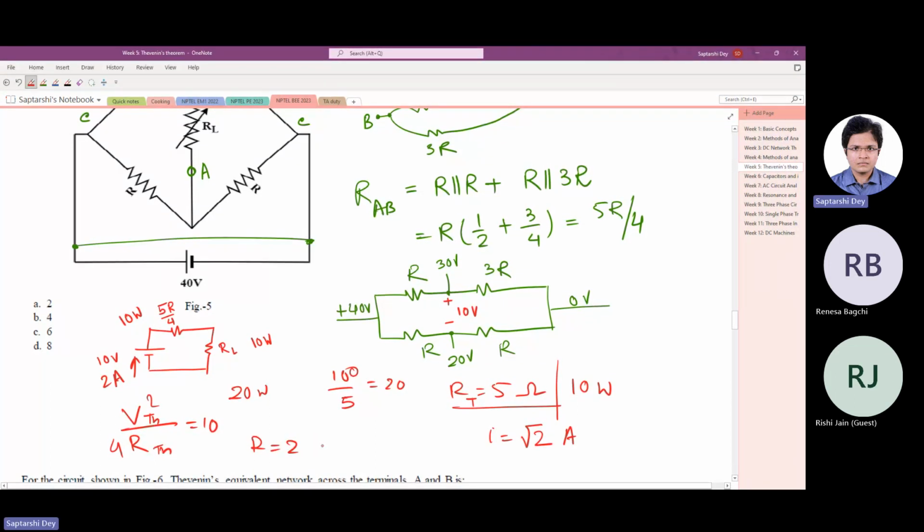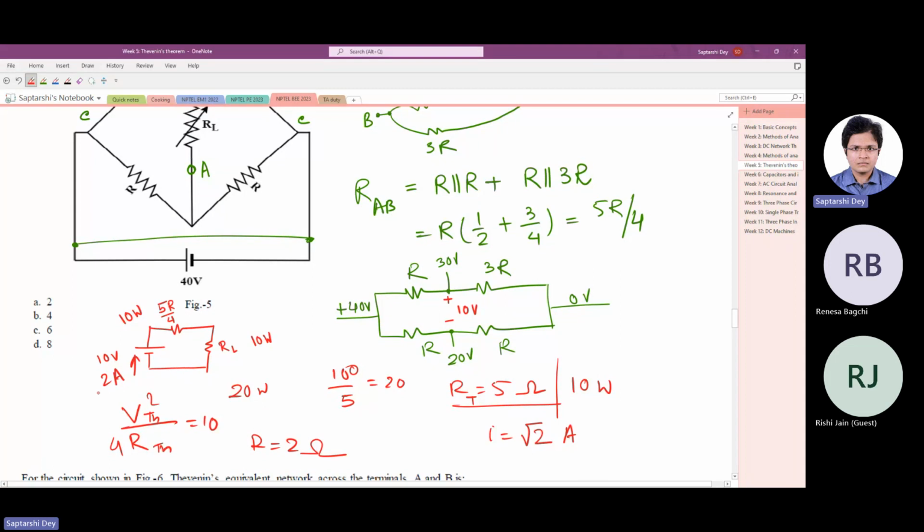No, but could you understand my logic the way I was trying to do? Something is not correct, or maybe I'm making a calculation mistake somewhere. It's a 10 volt source. So at maximum power transfer, both the resistances should be consuming the same power, right? Because they are getting the same current and same resistance. So if this is 10 watt, this should also be 10 watt. So there should be a total of 20 watt. Now V square by R should be 20.